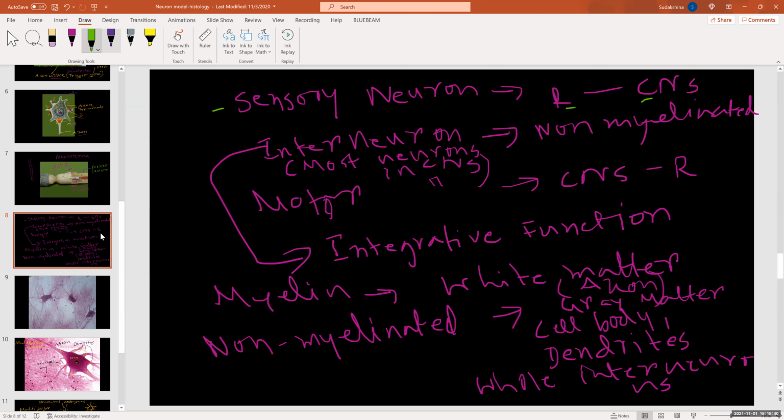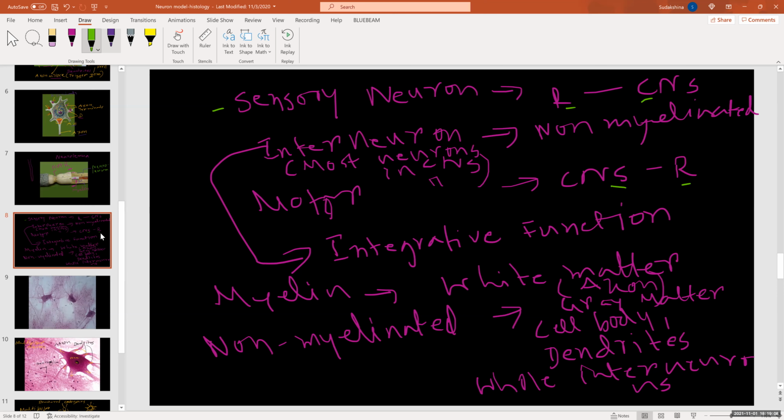A motor neuron is one that goes from CNS to a receptor, meaning to the periphery of the body. Most neurons in the body are interneurons, which are non-myelinated small neurons that are present in the gray matter of the central nervous system.